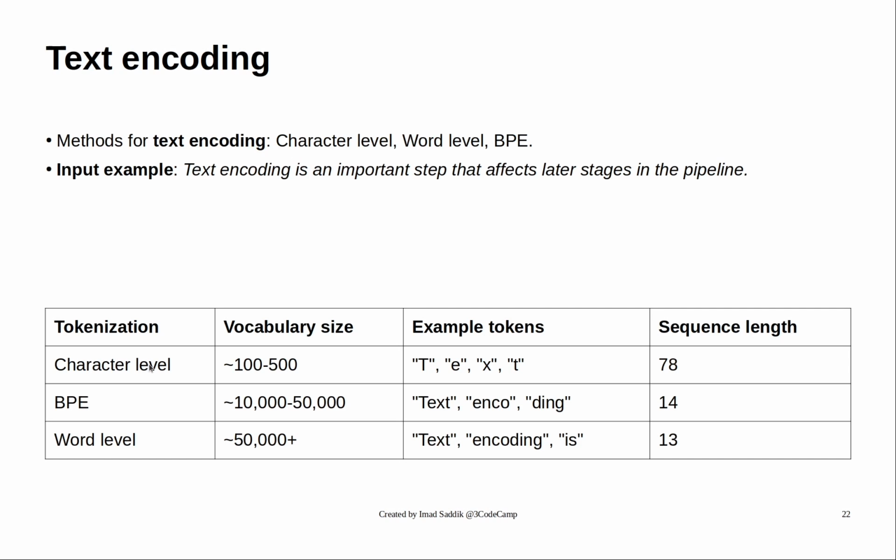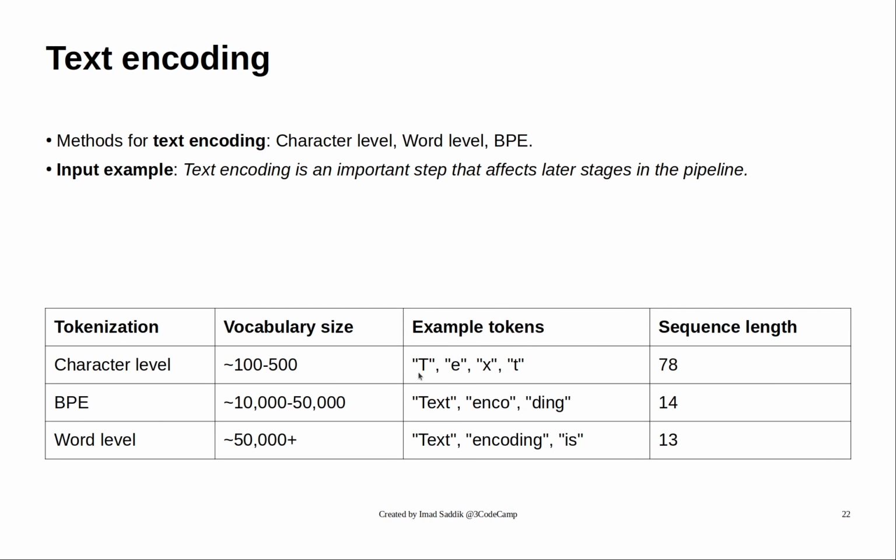The character level encoding has the highest length, while the word level encoder has the lowest. The sentence is split into characters in the case of the character level encoding, and in the case of the word level encoding, it was split by word, while the BPE algorithm divides the sentence in between.